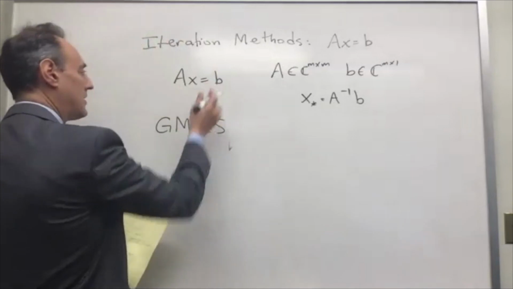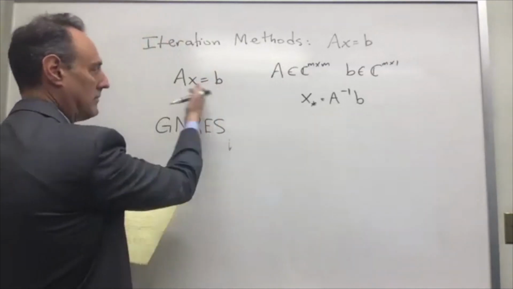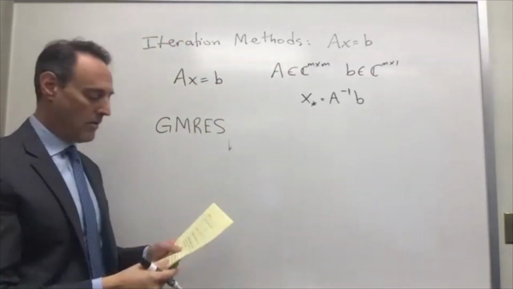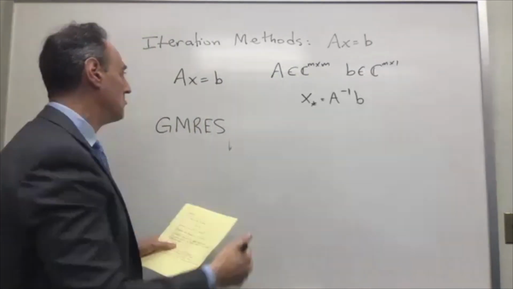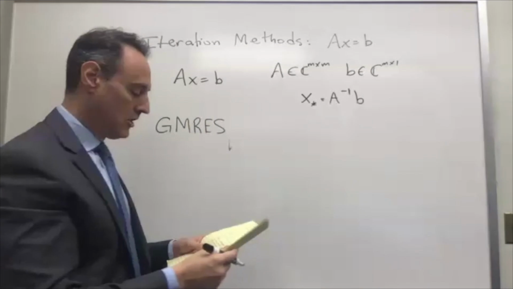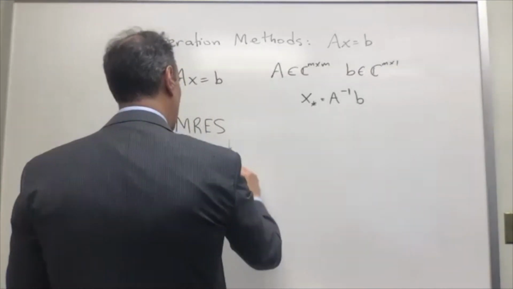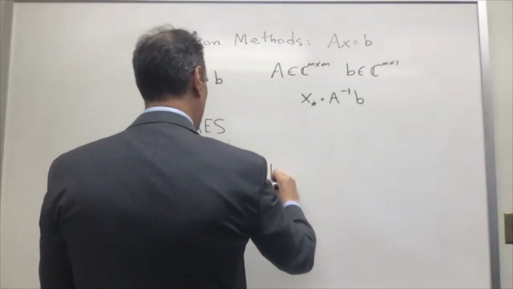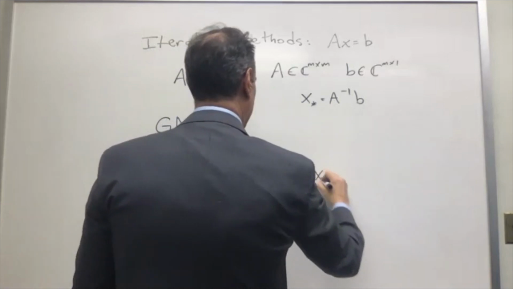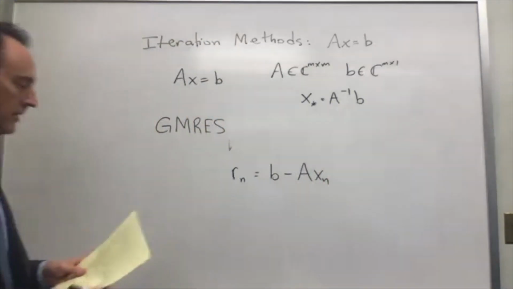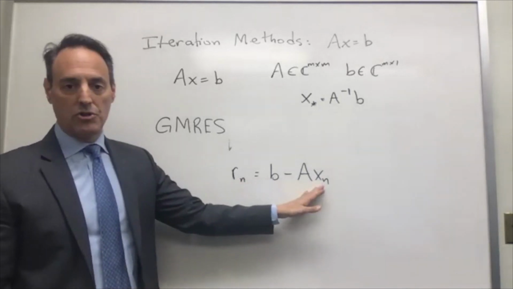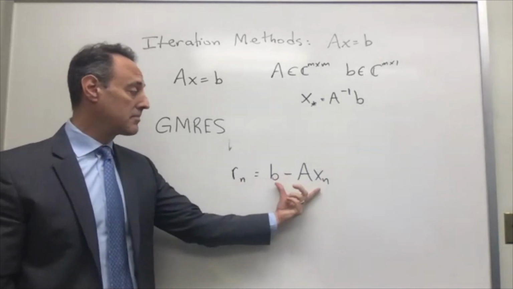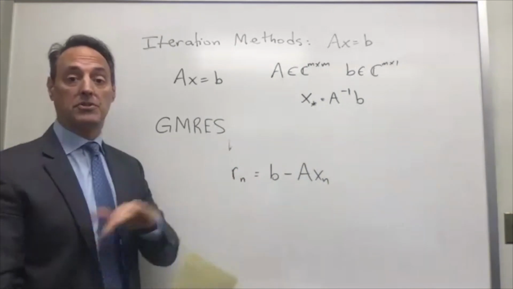I want Ax equal to b, or Ax minus b to be 0. But when I give it a guess x of n, this isn't satisfied. So the residual, called r of n, is equal to b minus A x of n. Okay? So there you go. This is the residual. If you got the right solution, if this is x star, then Ax minus b is 0, and the residual is 0.